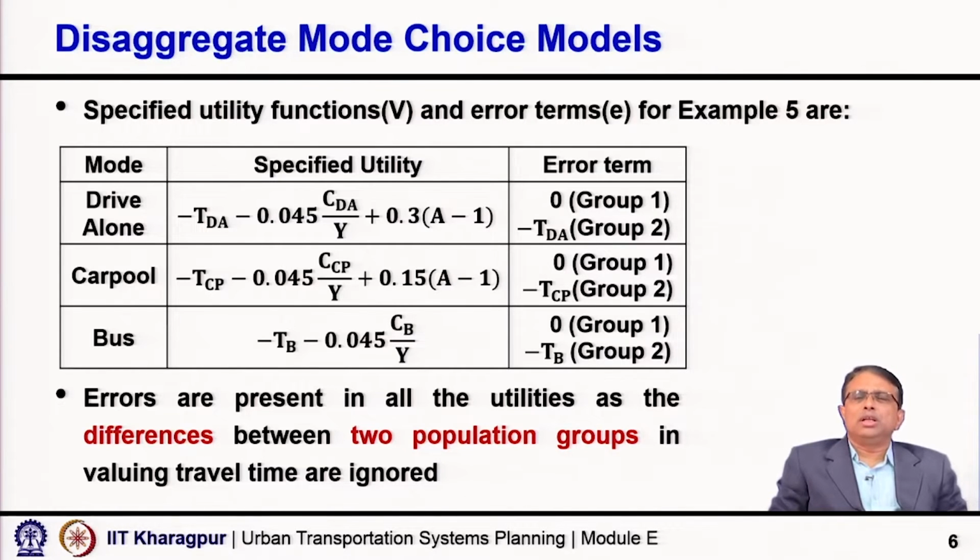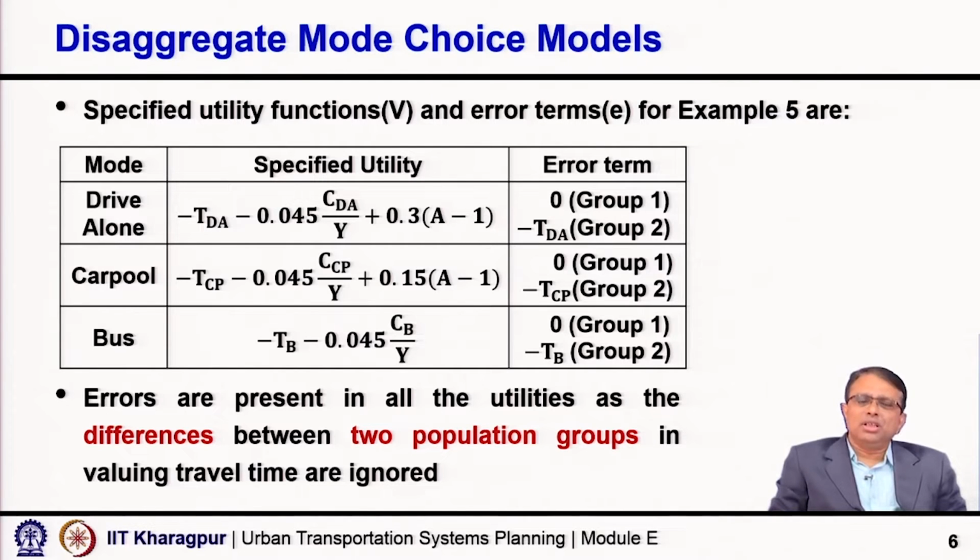They do not consider the disutility associated with travel time as same. One considered the value double than the other group. But what we did was consider the utility as shown here under specified utility. So, this utility considered the disutility associated with travel time same for every user group, because we did not consider any user group separately. For everybody we just took one equation, one value.